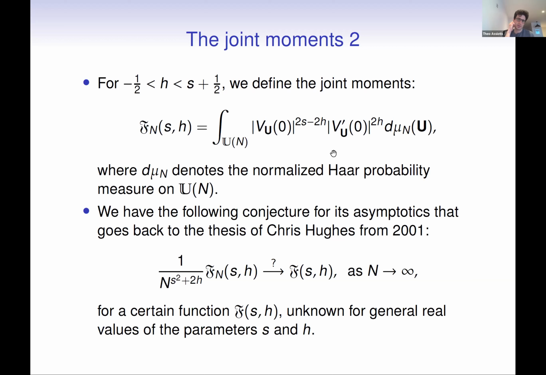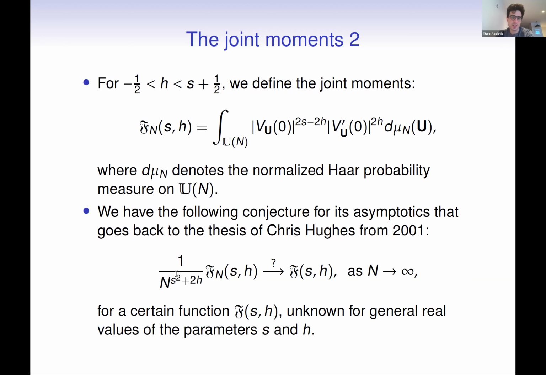And then Chris Hughes in 2001 was studying these quantities. I'm going to give you some more motivation in a moment. Except for the random matrix motivation, there's some number theoretic motivation behind studying this.